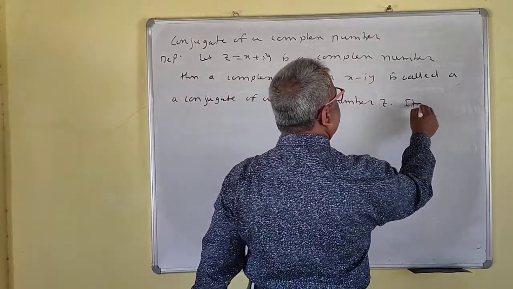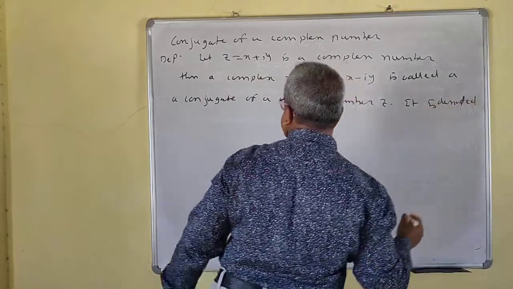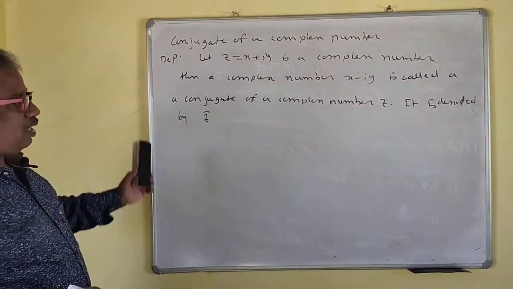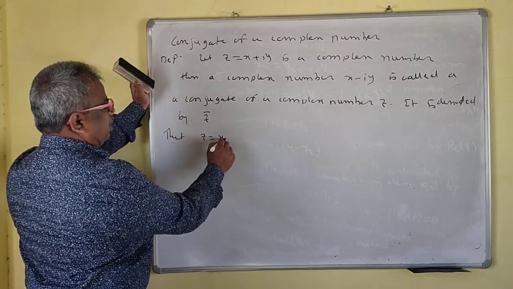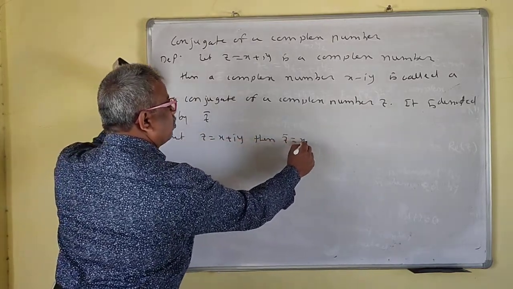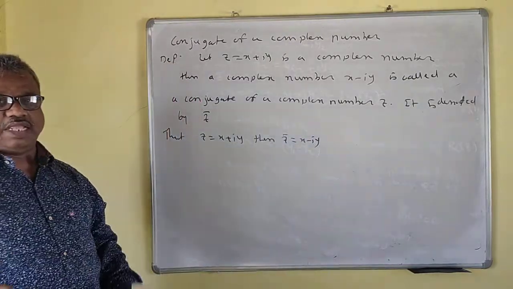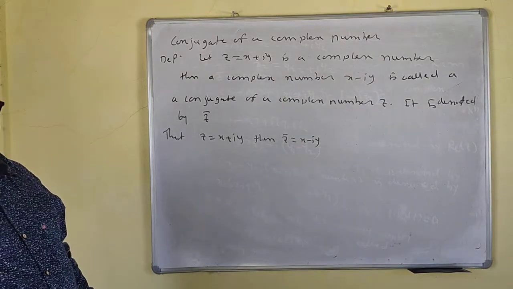It is denoted by z bar. Thus if z is equal to x plus iy, then z bar is equal to x minus iy. Replace i by minus i, and we get the complex conjugate.